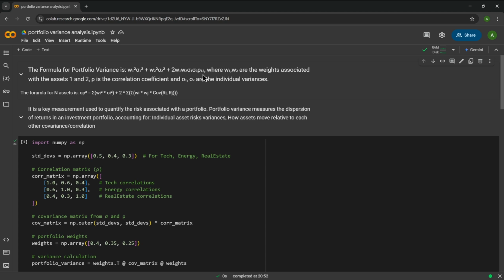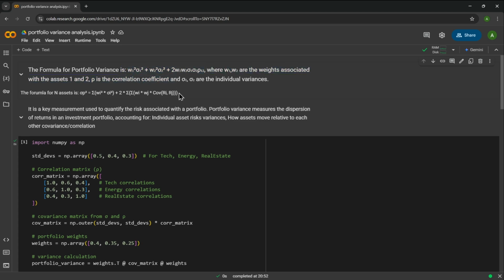That is what the correlation coefficient indicates. When it's less than zero, it means they are negatively correlated. So when asset one goes up, asset two goes down. That's done, and this is the formula for when we take the example of two assets.